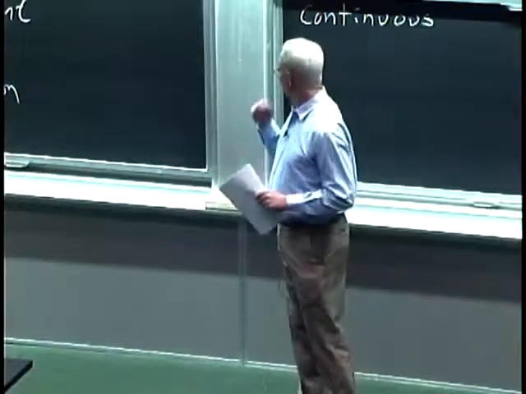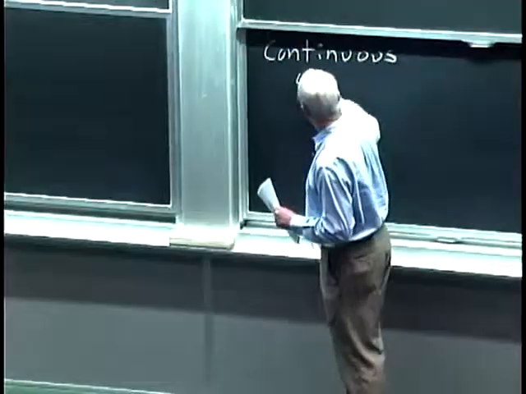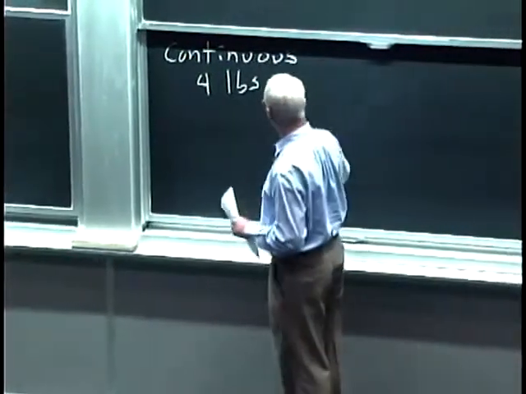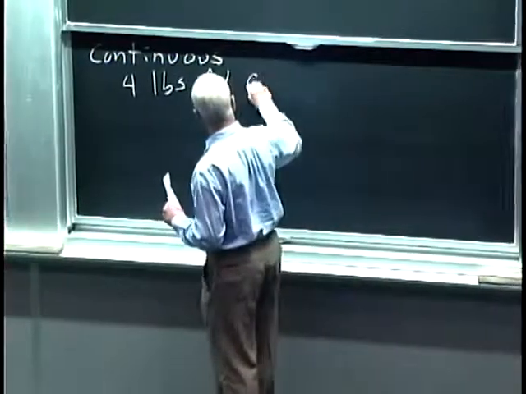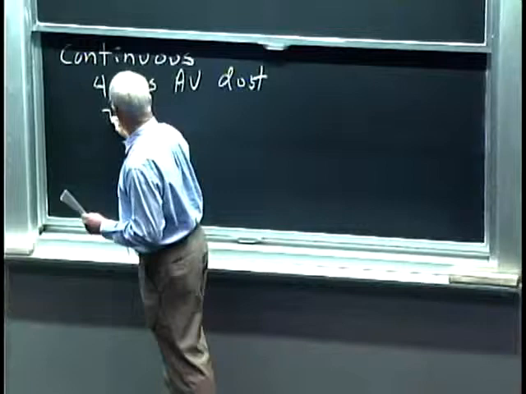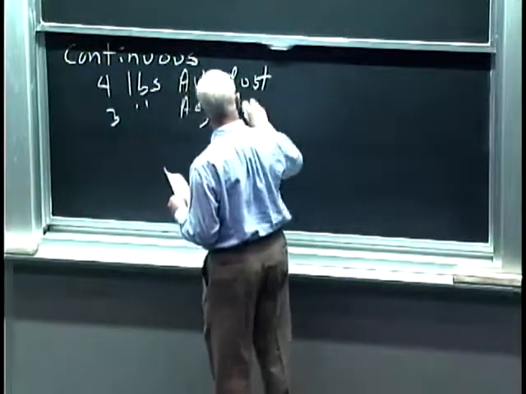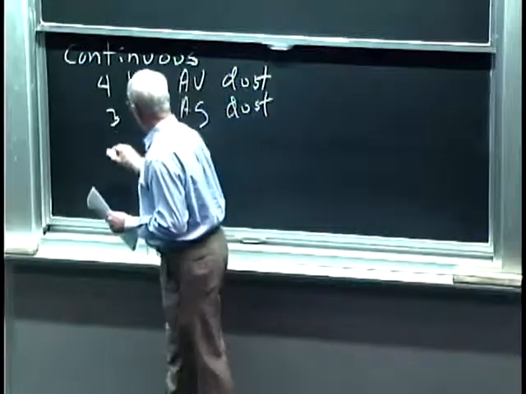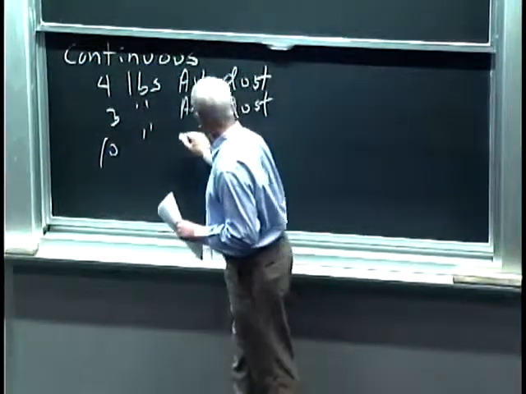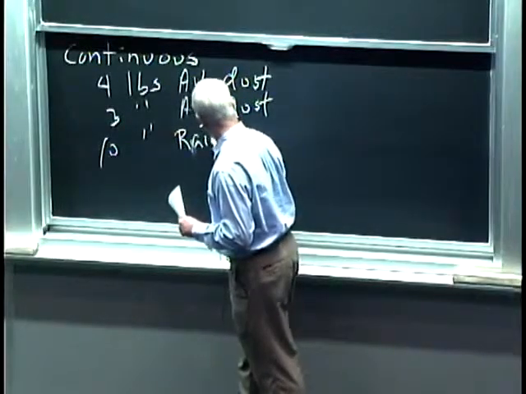Well, let's assume in a continuous world, what you do is you walk into the house and you see something like 4 pounds of gold dust, and you see 3 pounds of silver dust, and maybe 10 pounds of raisins. I don't actually know the periodic table entry for raisins, so I'll have to write it out.